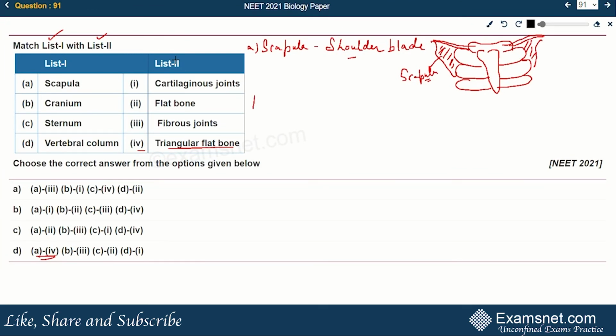Now the second one is cranium. Where is cranium located? It is located in our skull. Suppose this is your skull. So cranium consists of flat bones which are fused end to end like this. Here these small bones are fused with the help of dense fibrous connective tissues.